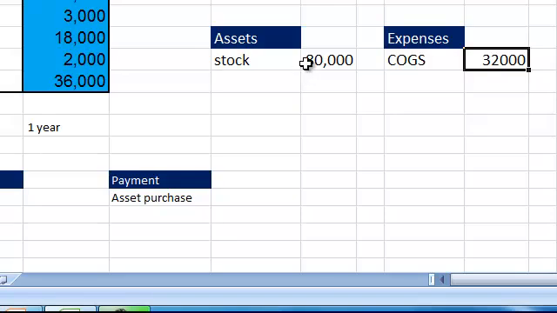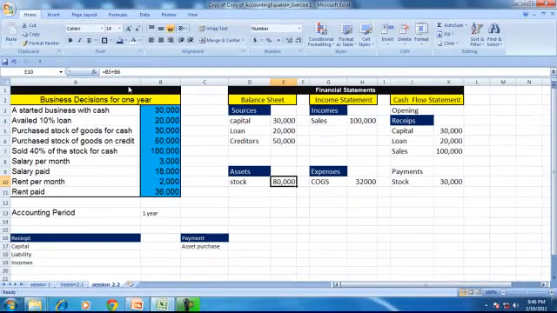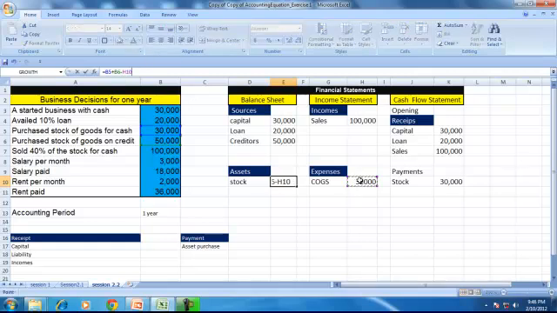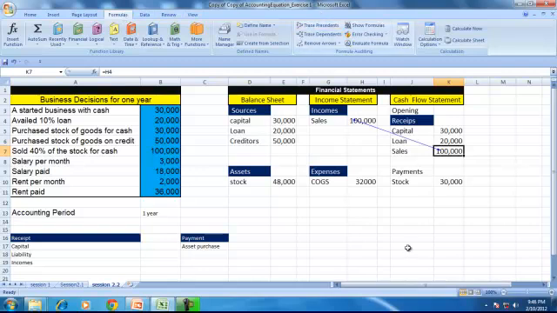But that means an asset has become an expense. So the asset will come down to the extent of 32,000. Cost of goods sold 60. Yes, you can see that once again. Sales, let me recap. Sales is an inflow.